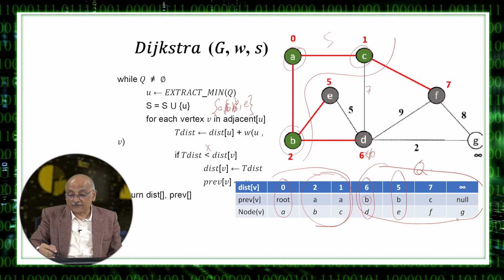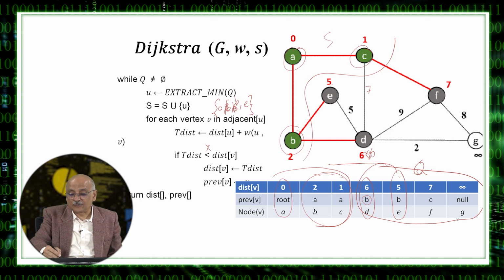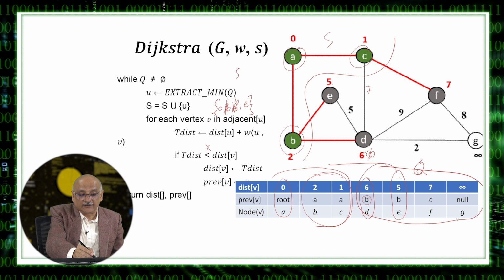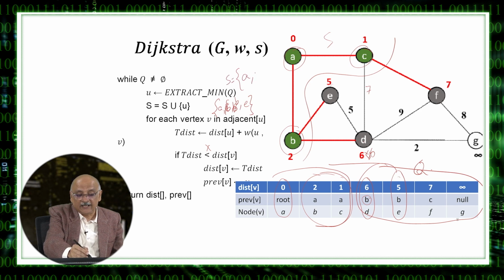What is going to be the next iteration? Since E has been added to S, in the next iteration the values are 6, 7 and infinite. Obviously 6 is the least, so 6 will be added to this group. So S is going to become A, C, B, E, and now D will be added to that.